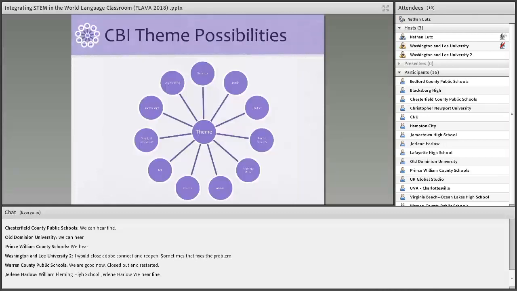I apologize that this might look a little small on your screen, but it's basically a type of web where we have the theme that we're working on in the middle, and radiating out from it are all the different types of subject areas that could be attached to a certain theme.